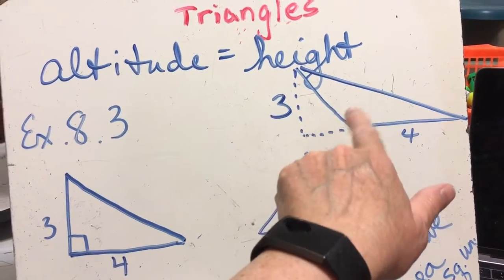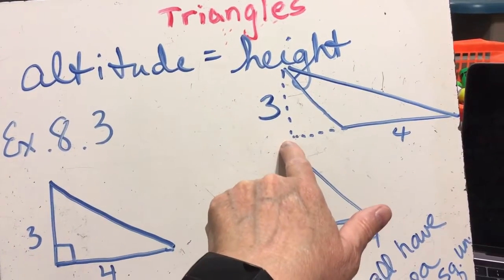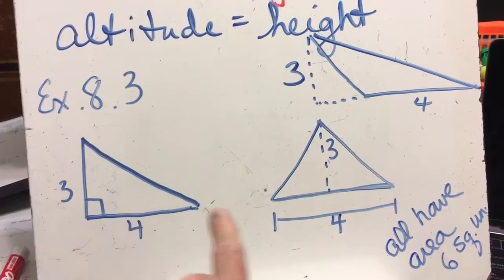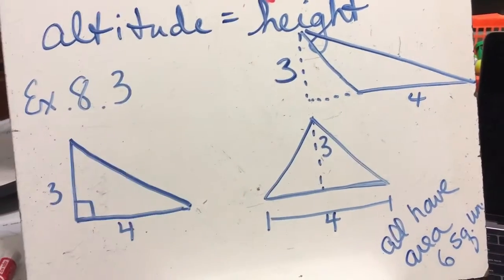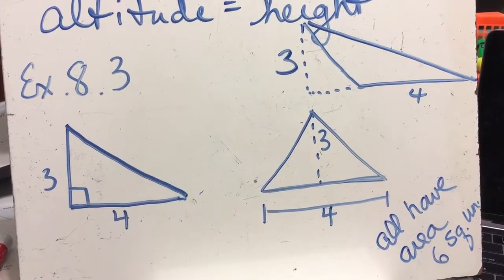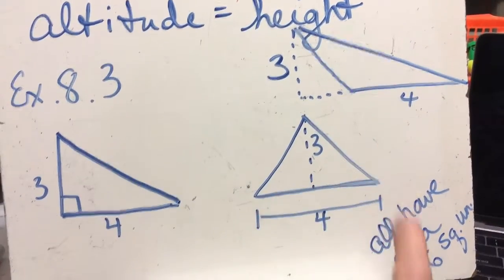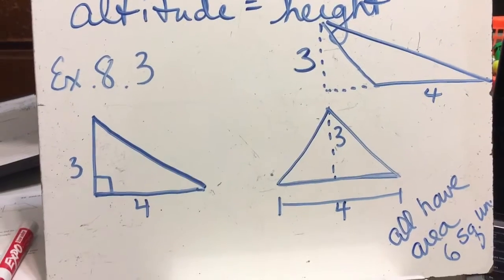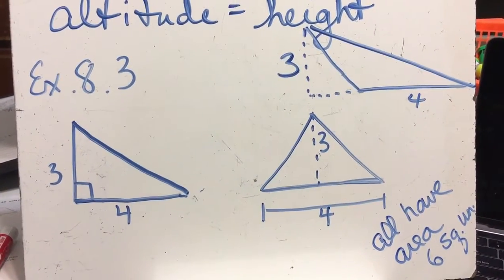This is an obtuse angle, and so the height is outside of the triangle. But notice that in each one, the base is 4 and the height is 3. So even though they're all different shapes, they all have an area that is 1/2 base times height. 1/2 of 12 is 6. So they each have an area of 6 square units, even though they're all very different shapes.